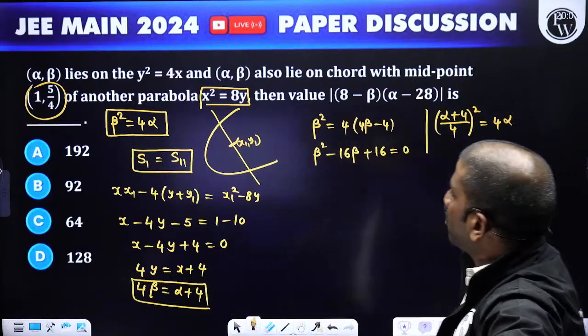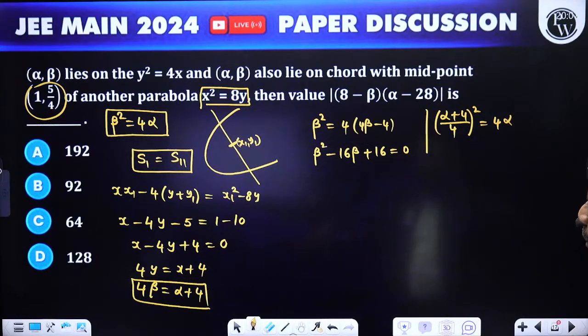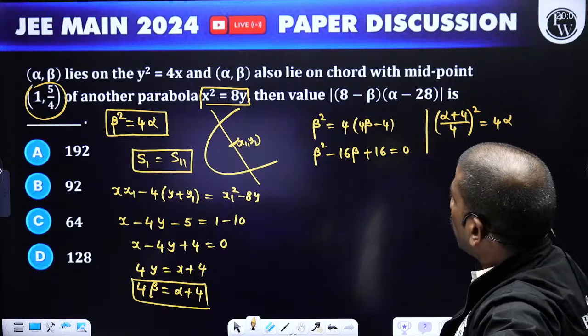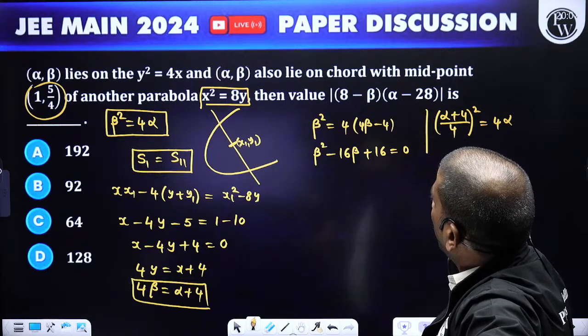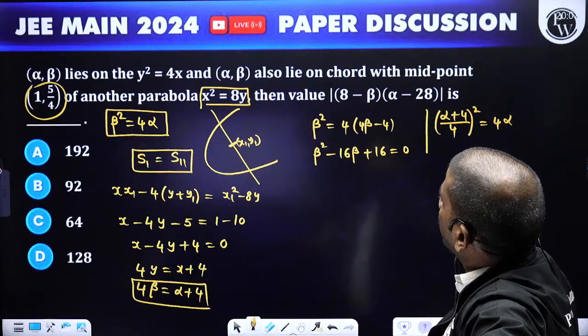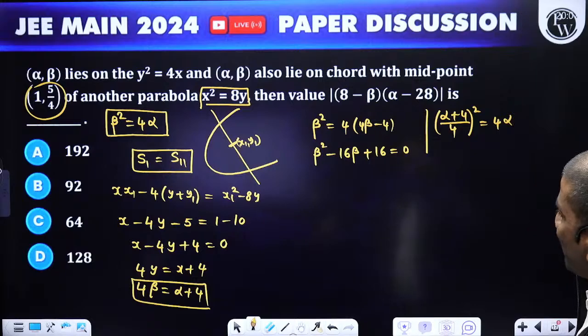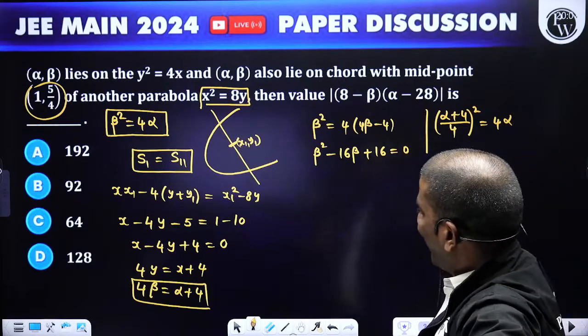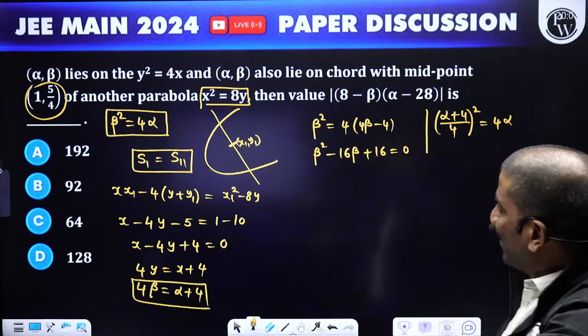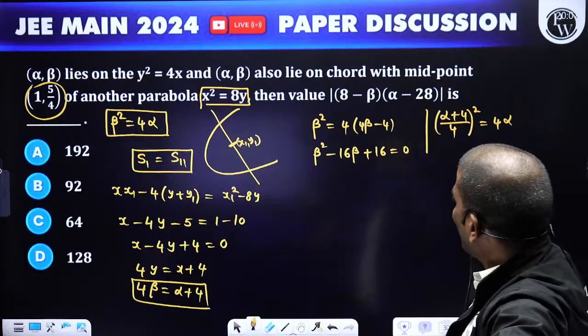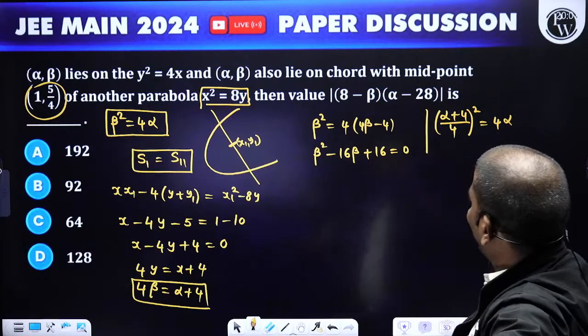Anybody found a mistake in the calculation? So beta square is equal to 4 alpha. 4 beta is equal to alpha plus 4. Okay. Beta square is equal to 4 times alpha.